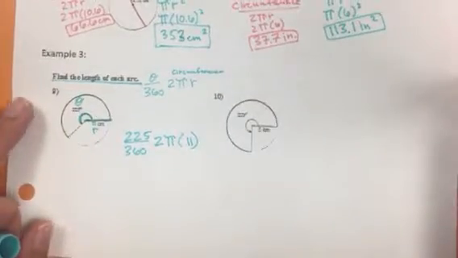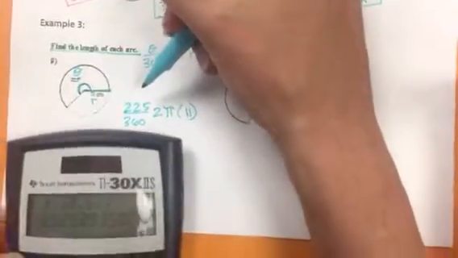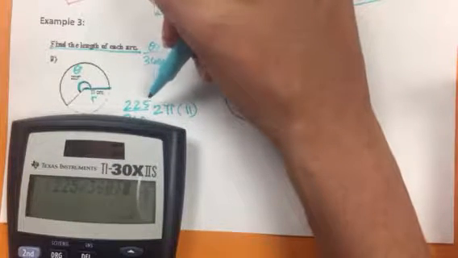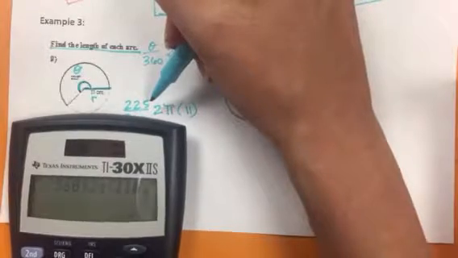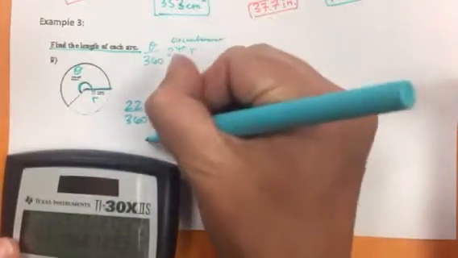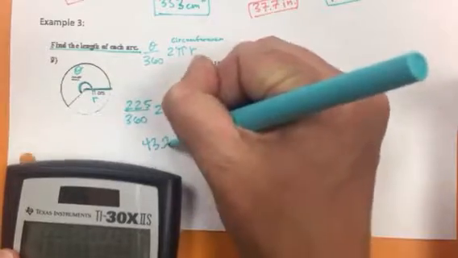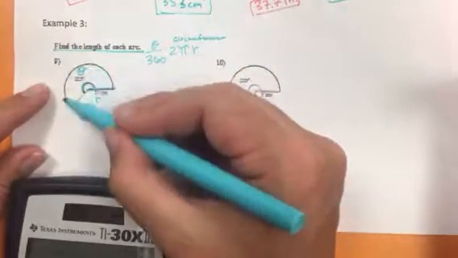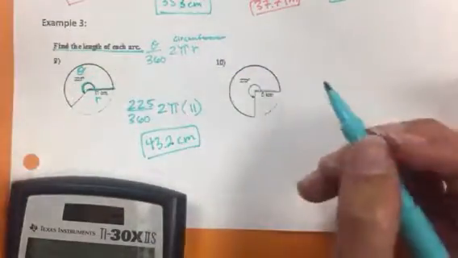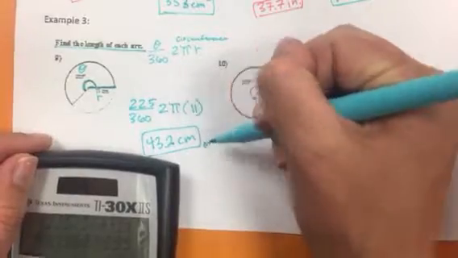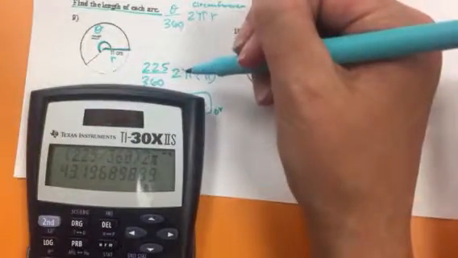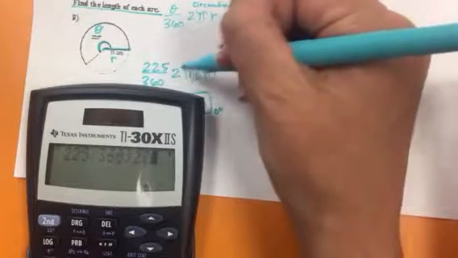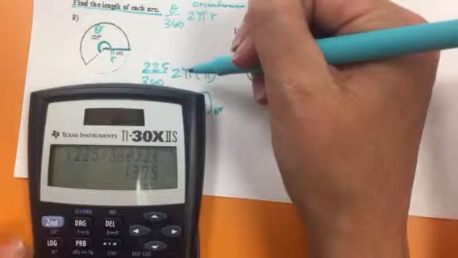And once again, just like on the last assignment, I'm going to enter everything in. 225 divided by 360, 2 pi times 11 equals 43.2 centimeters, because it is the distance around. It's not the area, so we don't need to square it. I'm going to enter it without the pi. 225 divided by 360, 2, ignore the pi, 11.